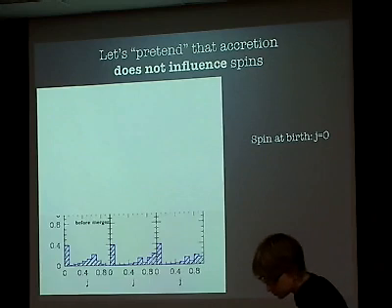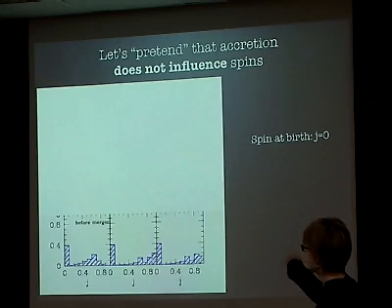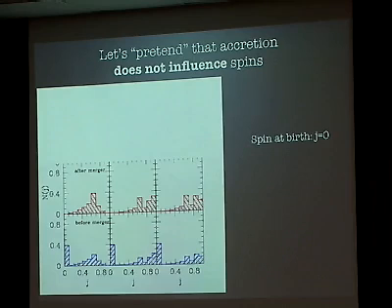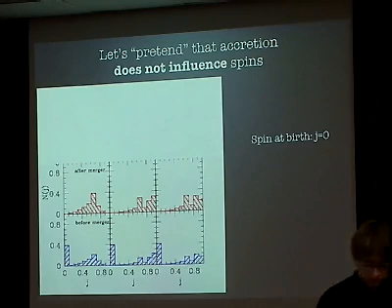This is the distribution of black hole spins before mergers, and this is the distribution after mergers. You don't have to look at all three panels, just focus on one. What happens is that mergers typically spin up black holes, so you end up growing a population of black holes with larger spins.